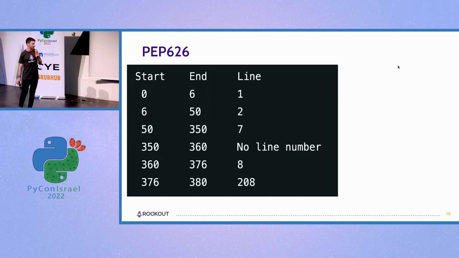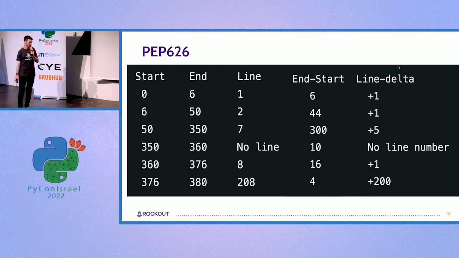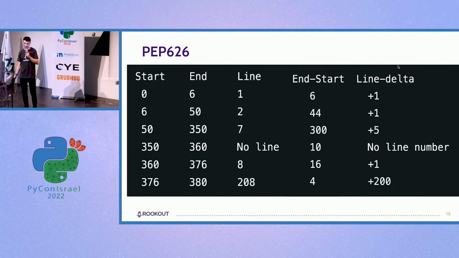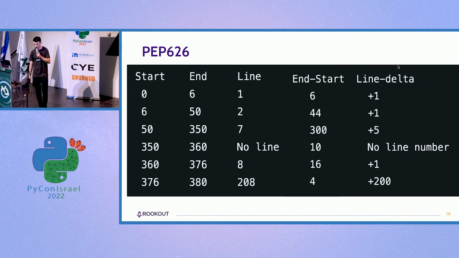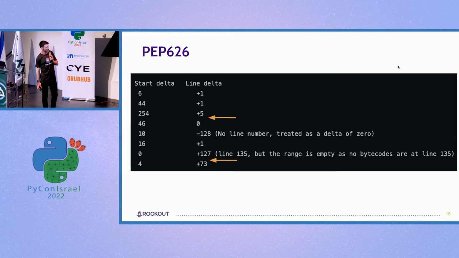Again, we take the difference between each row and the next. But this time we have a consideration for the no line number attribute. Basically, they used a magic number just to show that this bytecode does not belong to any line number. And eventually, the table would look like that.